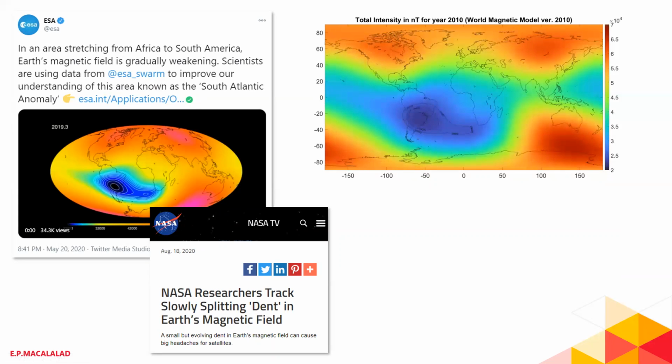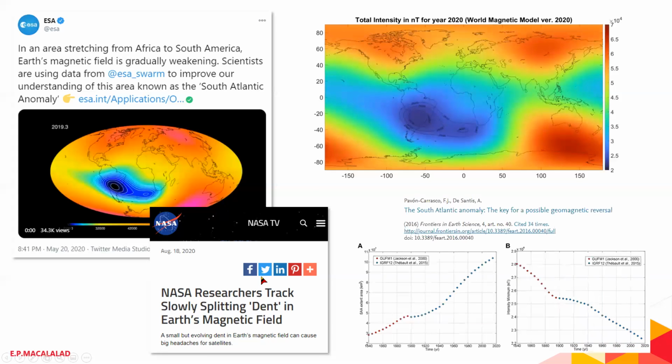And it appears that this behavior of the South Atlantic anomaly agrees with the current measurements. So there is a slow splitting of the dent. This dent is the depleted region, the trough or the minimum magnetic field intensity on the surface of the Earth.